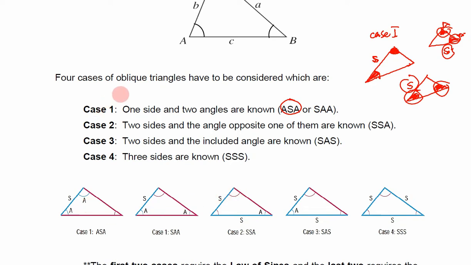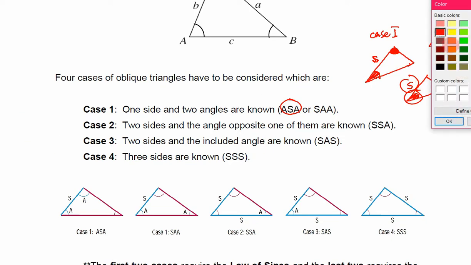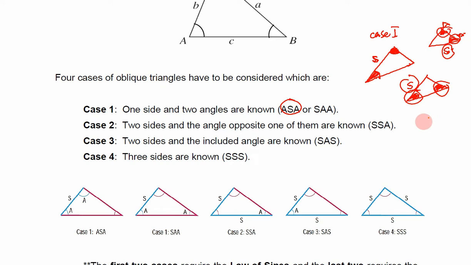Case 2 refers to two sides and the angle opposite one of them being known. So for case 2, you have any side, another side, and here will be the angle.